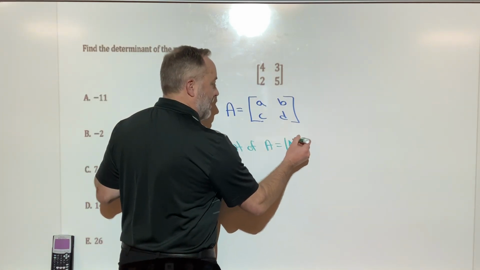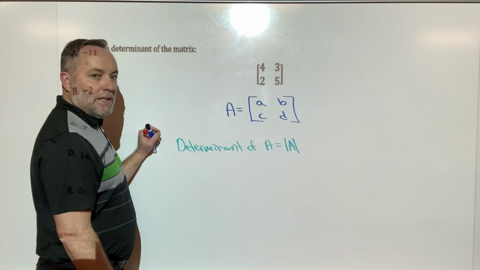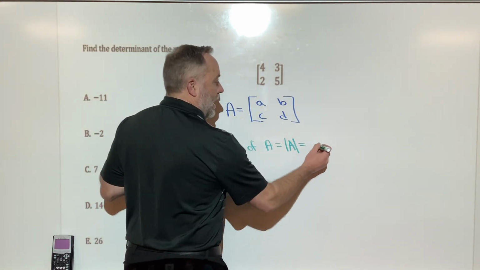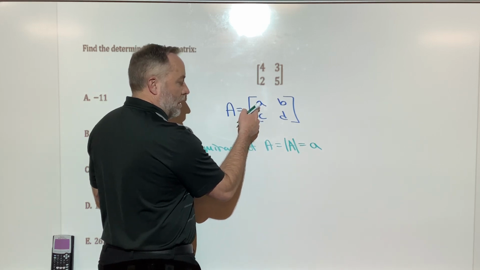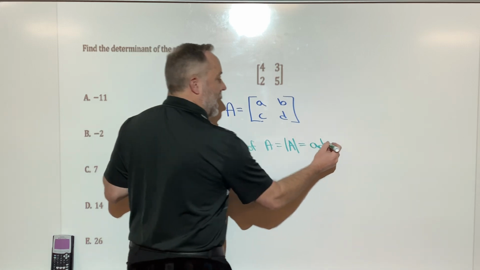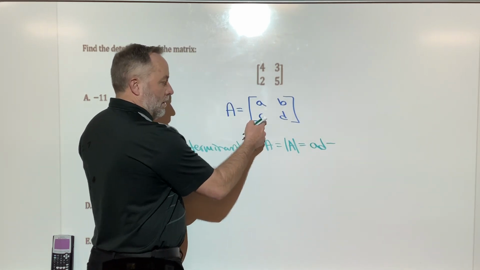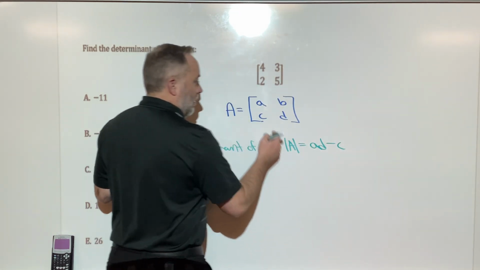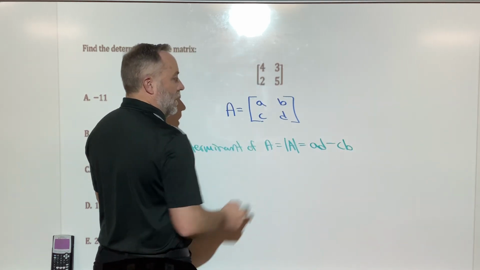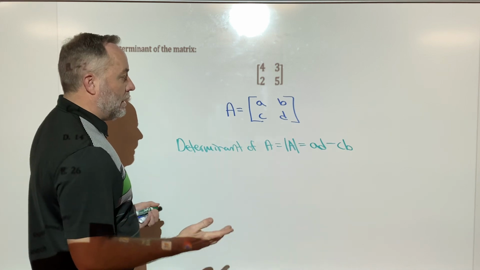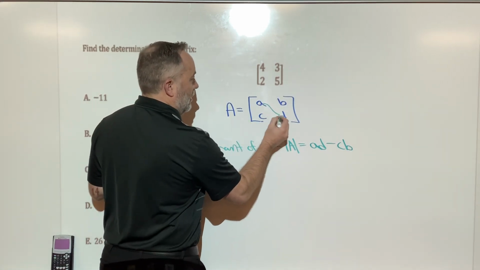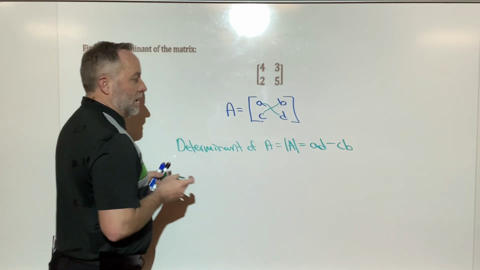It almost looks like absolute value, but when it's a matrix, that means the determinant of A. And the way that we find that is we take A, row 1, column 1, times D, row 2, column 2, and subtract from that product C, which is row 2, column 1, times B, which is row 1, column 2. So the determinant of a 2 by 2 matrix is just A times D minus C times B.